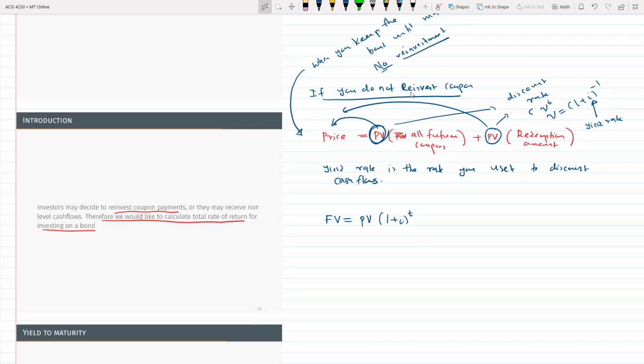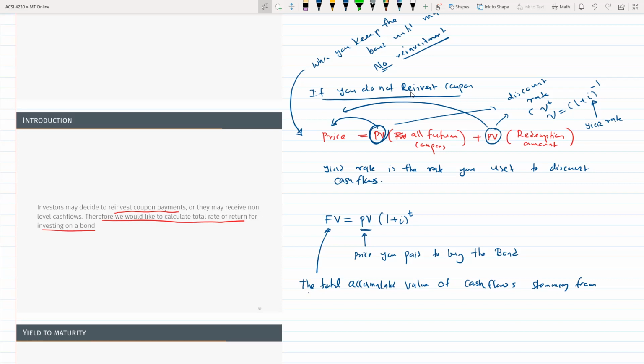In this case, the present value is the price you paid to buy the bond, and the future value is the total accumulated value of cash flows stemming from the bond investment. Then this i becomes the yield rate.